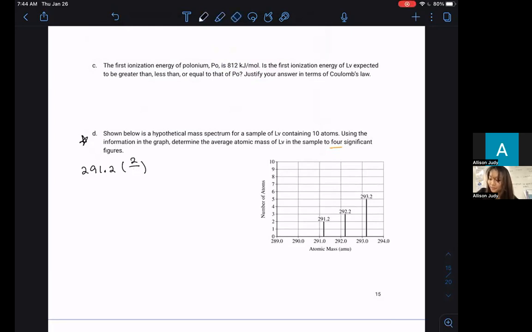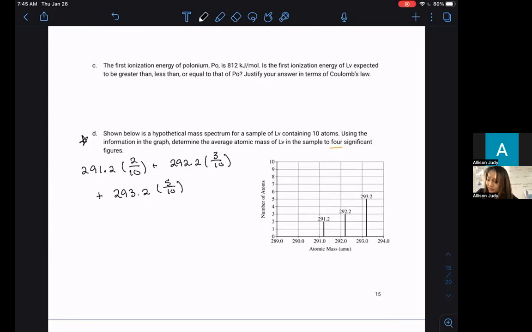There's no half an atom. Plus 292.2 times its relative abundance, which was 3/10. Plus, sorry, I kind of ran out of room, 293.2 times its relative abundance of 5/10.